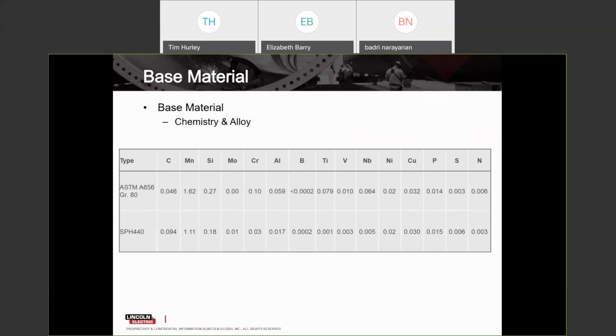What I'd like to talk about is a different variable which some of you may not realize, in a typical automotive type application, becomes this critical in your choice of procedures, base material, filler metal, as well as what kind of manipulation you can do from a welding process standpoint.